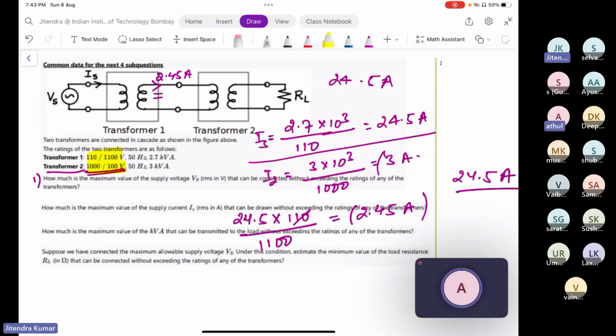Since it is a transformer, the question is asked for the maximum value of current that can be drawn without exceeding the rating of any of the transformer.